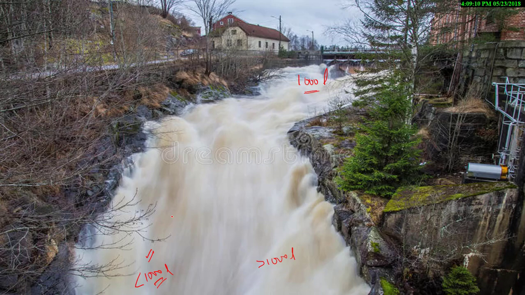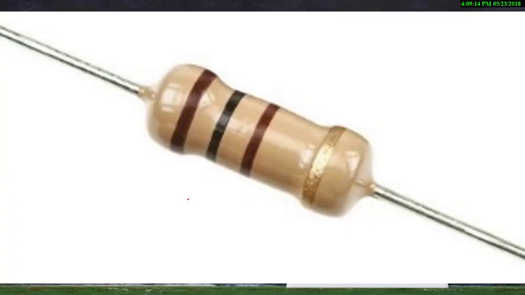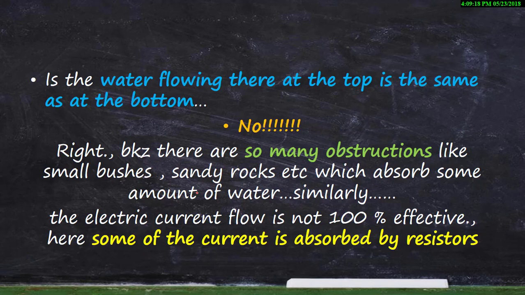Similarly, when a current is passing in a circuit, the electric current flow is not 100% efficient. Here, some of the current is absorbed by some elements known as resistors.